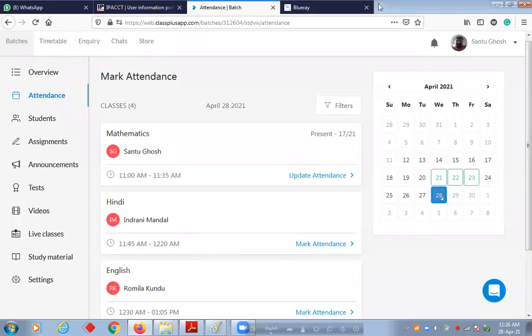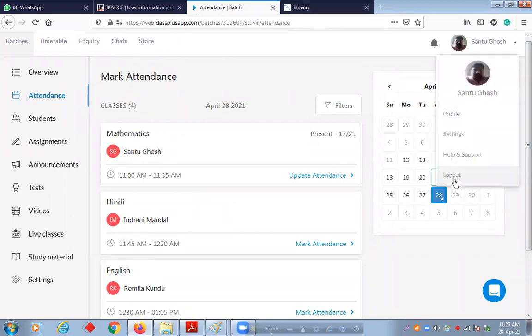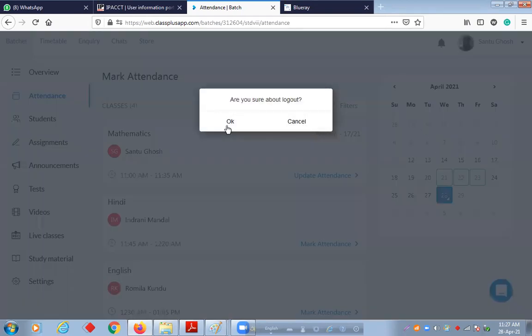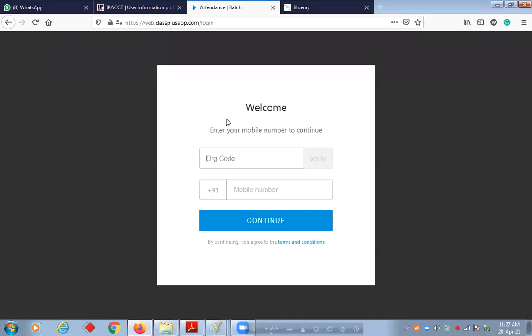So Class Plus login. I have to show you, then I have to log out from there. Are you doing through mobile or through your laptop? Laptop. Yes, sir. If you are doing through laptop, then you need not download the app. You will log out. Once you log out, they will ask you organization code.